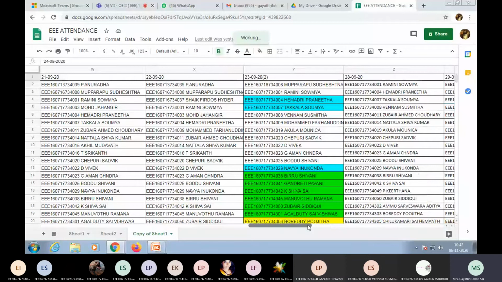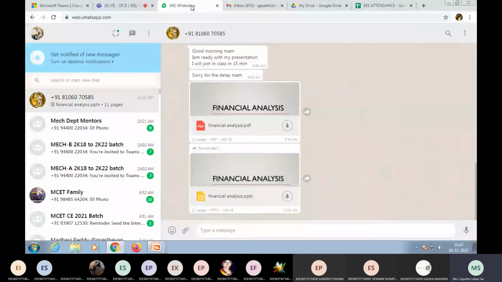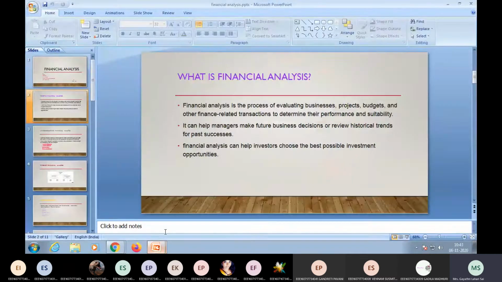Today 4038, 4041 Pavani is going to give, 4042 K Shivasai, 4045 Ramana, 4050 Zubair, 4301 Vishwas. So these all are there. So please all of you note it down. I'm just opening hers. Yeah, you can continue.